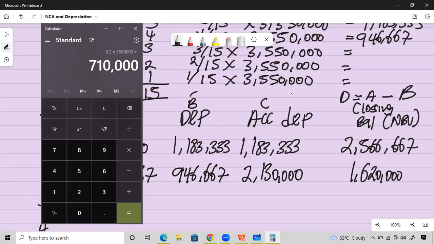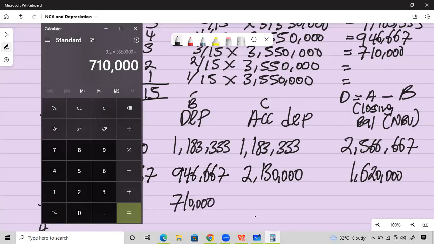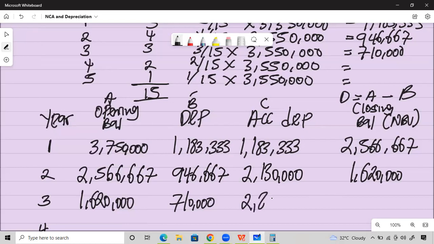So you bring the 710 here. The accumulated last year, 2,130,000, plus 710. Then you have 2,840.